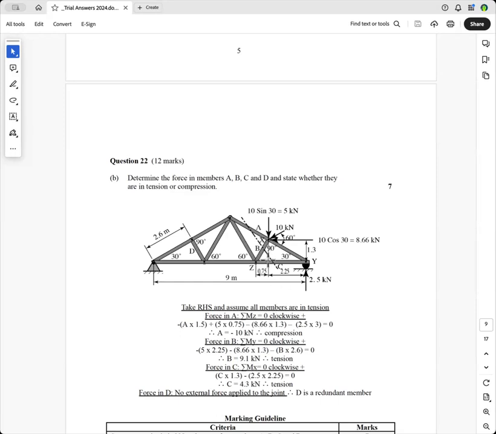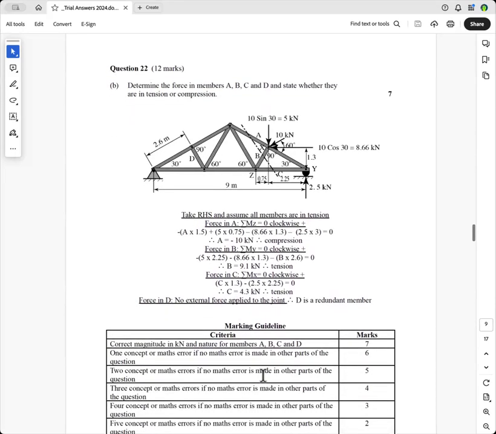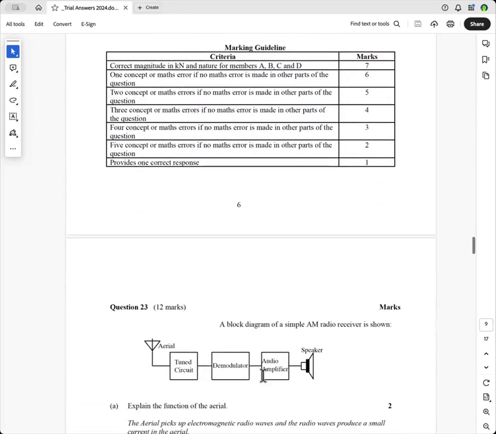That's that distance there. And we're assuming that that's in tension, so it's going to go positive, minus 2.5 times that perpendicular distance, which is 2.25. It's going anti-clockwise, and we get positive 4.3 kilonewtons, so therefore it's in tension. Okay, I hope you can do that because that's a lot of marks.